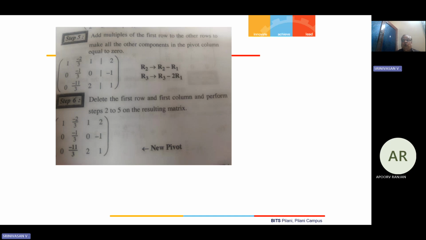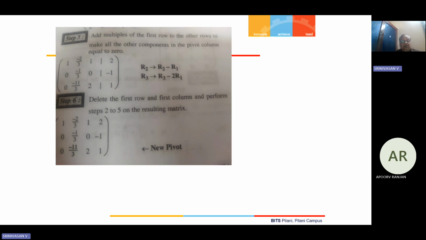Now you should go to the second column. In the second column, take absolute values: 2 by 3, 1 by 3, 11 by 3. Which is the largest? 11 by 3 is the largest, isn't it? In absolute terms, everything absolute. Absolutely, you are right.